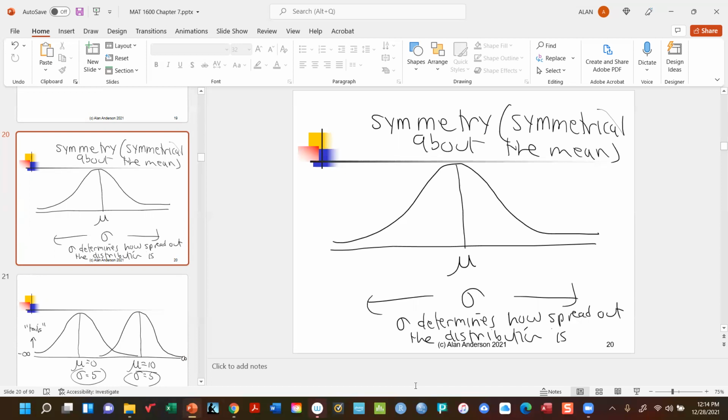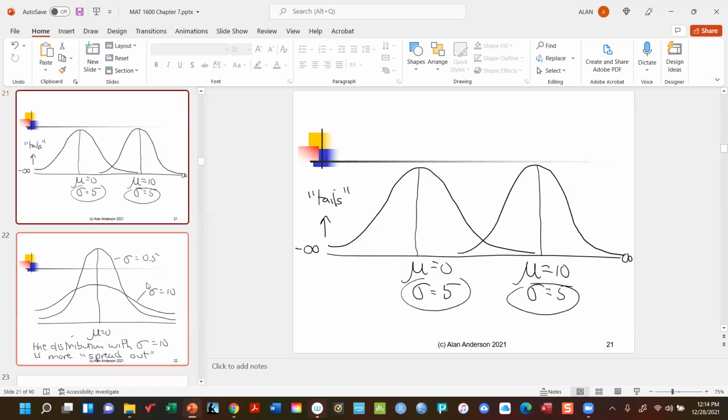So now what I want you to see is the relationships between normal distributions with different values for mu and sigma. So here, for example, we've got two different normal distributions. And if you notice, they both have the same standard deviation, which means that they're the same shape. The difference between the two is that the mean is 10 in the second case, and the mean is only 0 in the first case.